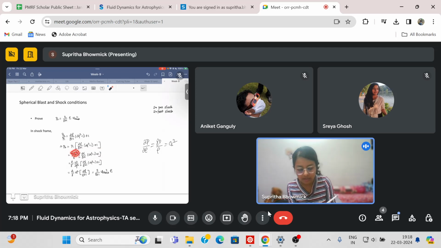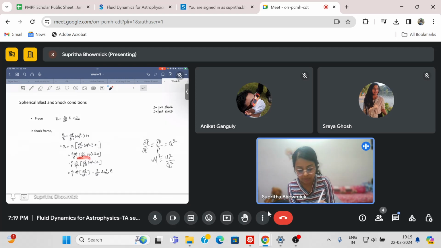Now CS square I can rewrite as u1 square by Mach square, because Mach, remember, was defined as the velocity of fluid in the pre-shock region divided by the speed of sound in the pre-shock region. So I can substitute for CS square as u1 square by Mach square.